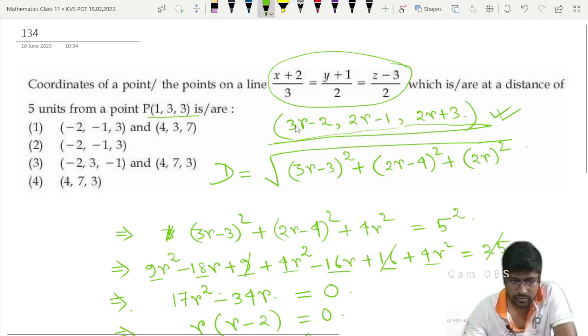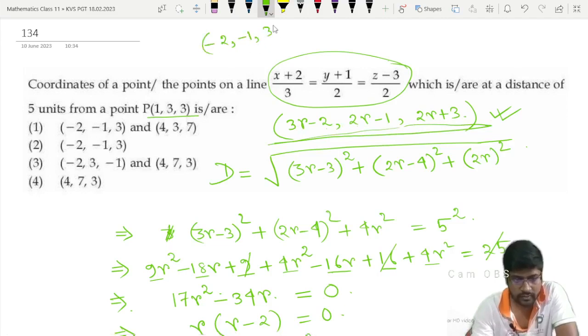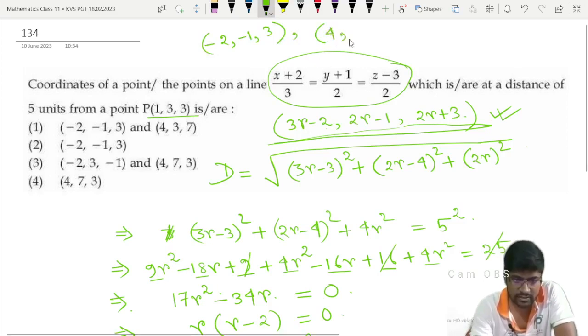So if you put r is equal to 0, then what coordinates do we get? Minus 2, minus 1, 3. So this is one point, and if you put r is equal to 2, then what will we get? 3 into 2, 6 minus 2, that means 4, comma 2 into 2, 4 minus 1, 3, comma 2 into 2, 4 plus 3, 7.